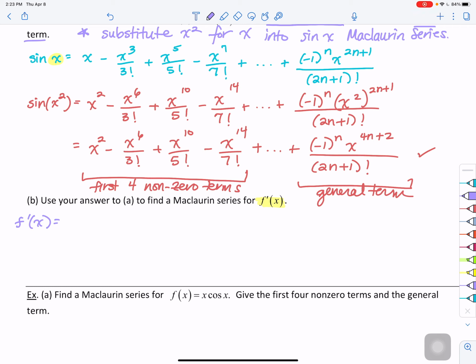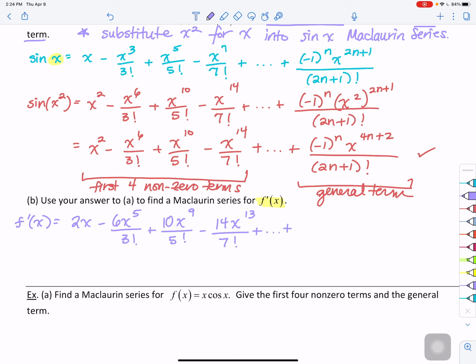So we would have 2x, and this would be minus 6x to the 5th over 3 factorial plus 10x to the 9th over 5 factorial minus 14x to the 13th over 7 factorial plus dot, dot, dot.